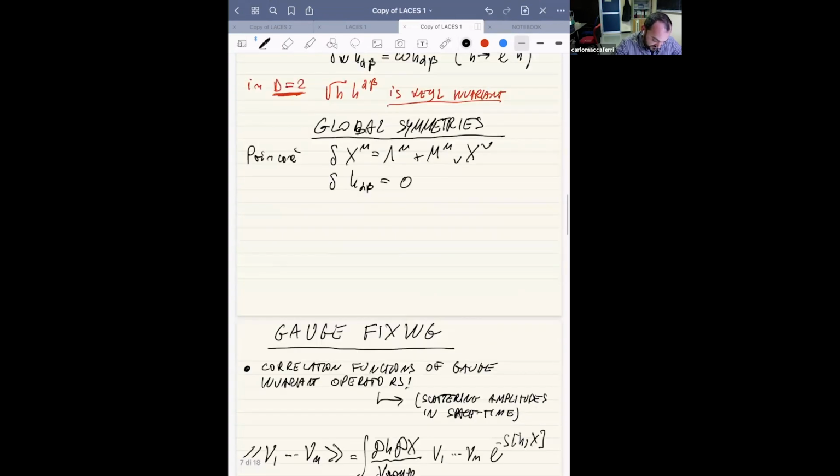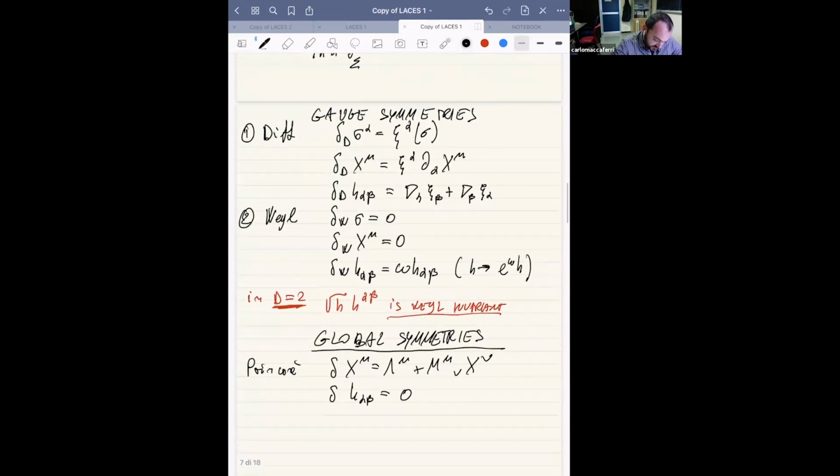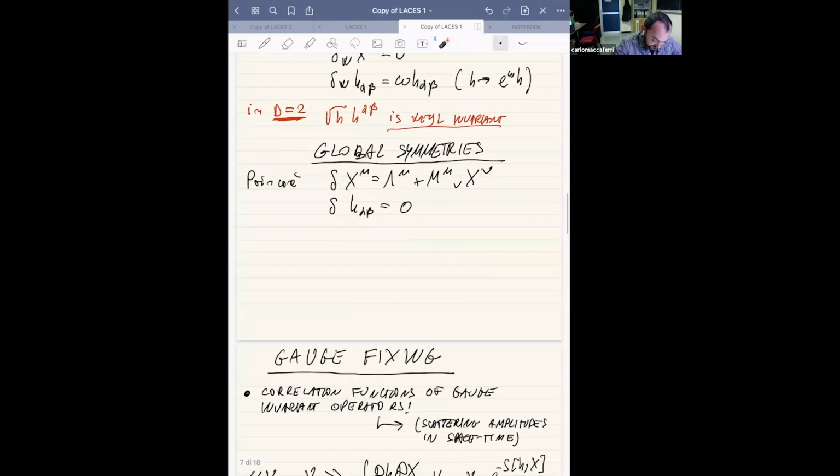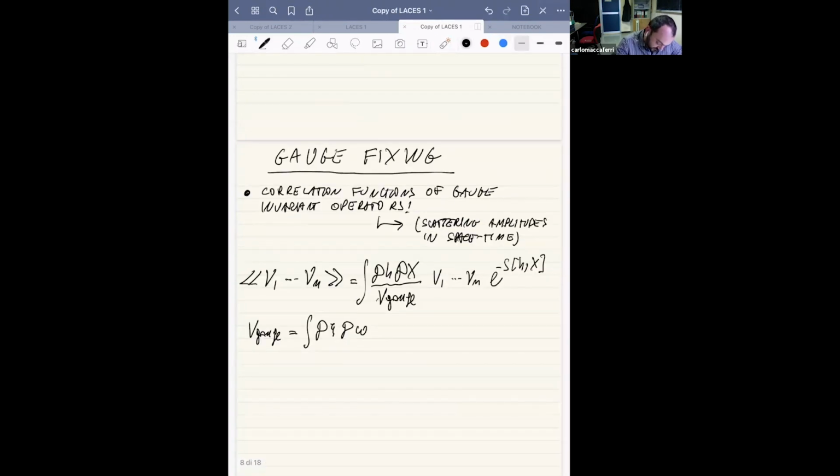So my gauge transformations are here. One gauge parameter is psi, which controls the diffeomorphism, and the other gauge parameter is omega, which controls the Weyl. So this is for diffeomorphism, and this is for Weyl.